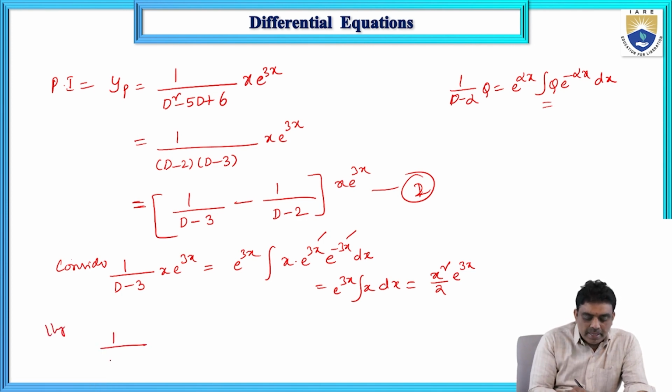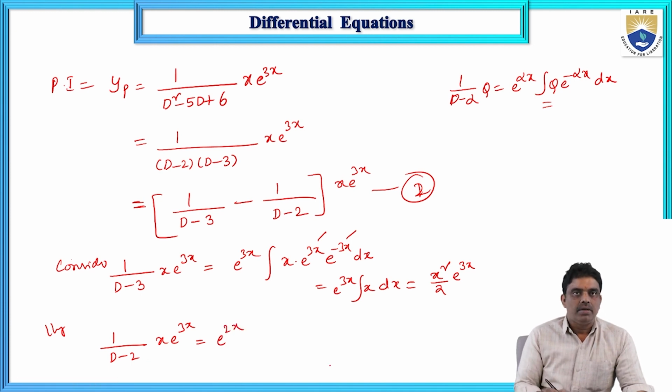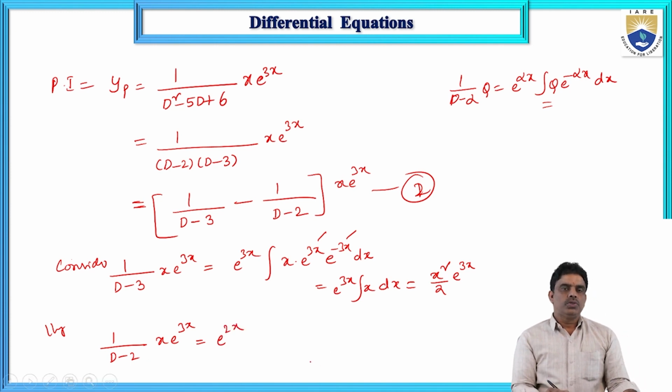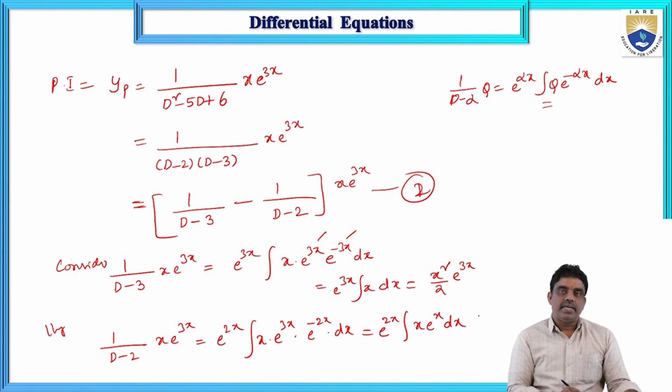Similarly, 1 by d minus 2 of x e power 3x. So how will you write? e power 2x, 1 by d minus alpha, so alpha is equal to 2. So e power 2x into integral, what is q? x e power 3x, and e power minus 2x is another factor of dx. So then what you can write? e power 2x into integral x e power x of dx.